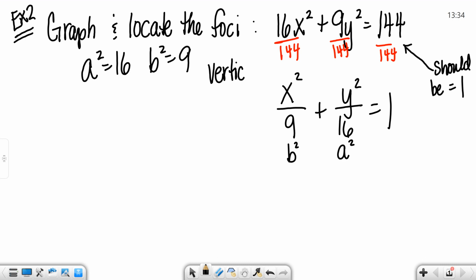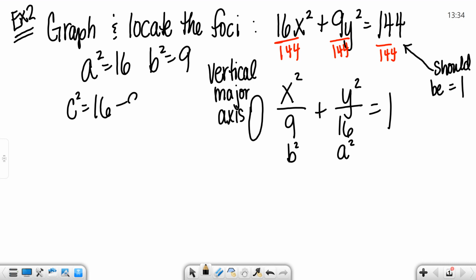It has a vertical major axis. Just so that I can keep that straight in my head. Alright, so I know this one looks like it's standing up. Alright, I can find my c value. 16 minus 9. And c is the square root of 7.